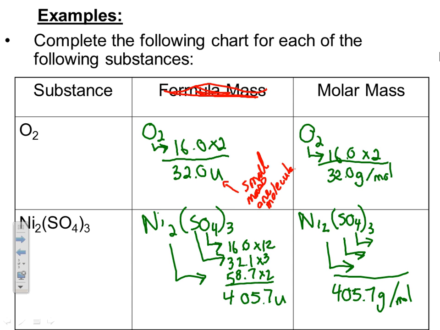So the only difference in formula mass and molar mass are the units. And there I'm highlighting them there. So when you're asked to do a molar mass, you don't need to do this step. You don't need to do this. You'll just do this and write grams per mole.